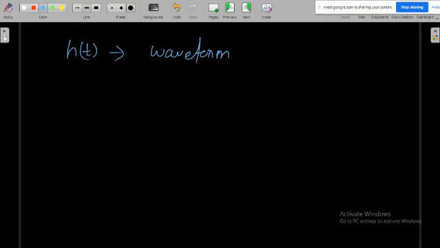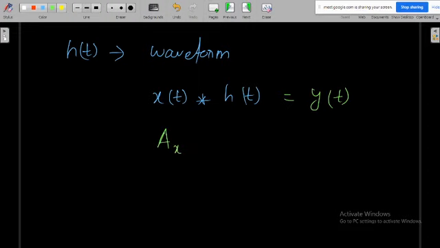Whenever the convolution operation is like this, output y of t is equal to x of t convolved with h of t. There is one concept here: the area under the signal x, ax, dot product with the area under h.